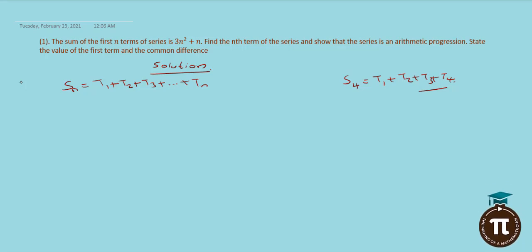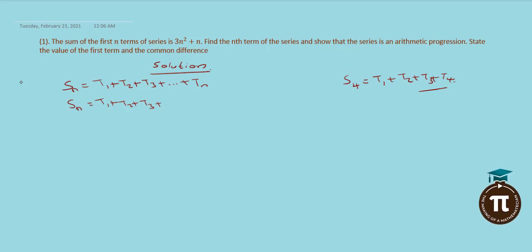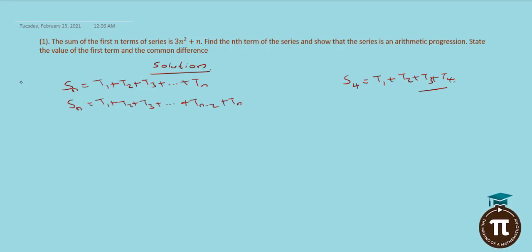So do you understand sum? T means term, S means sum. If you look at this very well, the sum of the nth term, Sn, is given by the first term plus the second term plus the third term till you get to Tn minus 2, Tn minus 1 plus Tn.